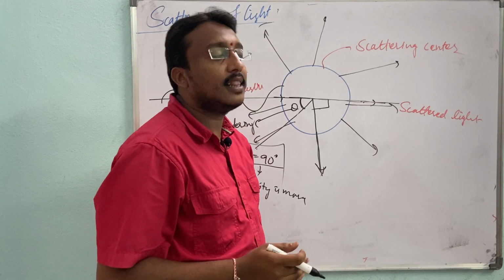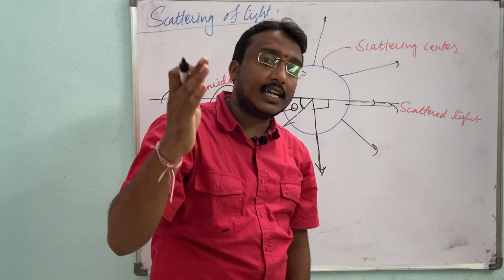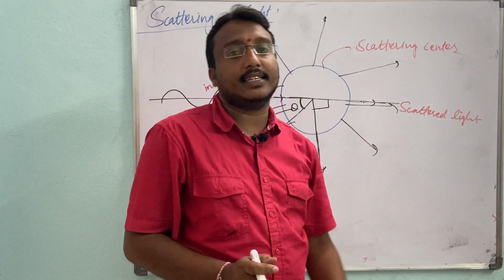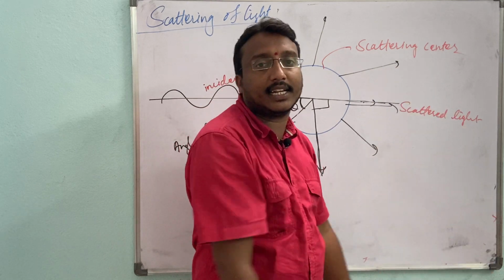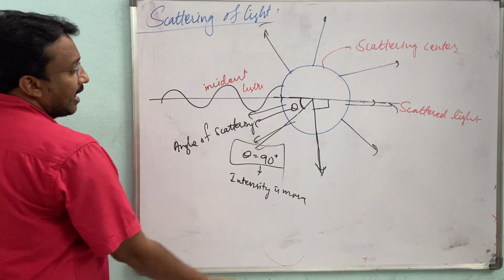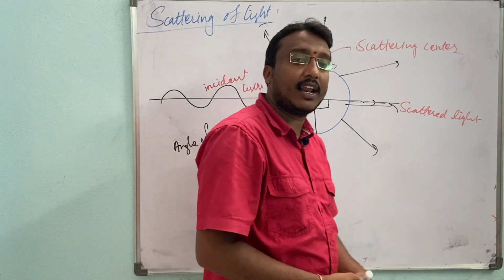If we see the sky at a certain angle, the intensity of light decreases. The intensity of color decreases. The intensity is maximum when the angle of scattering is 90 degrees.